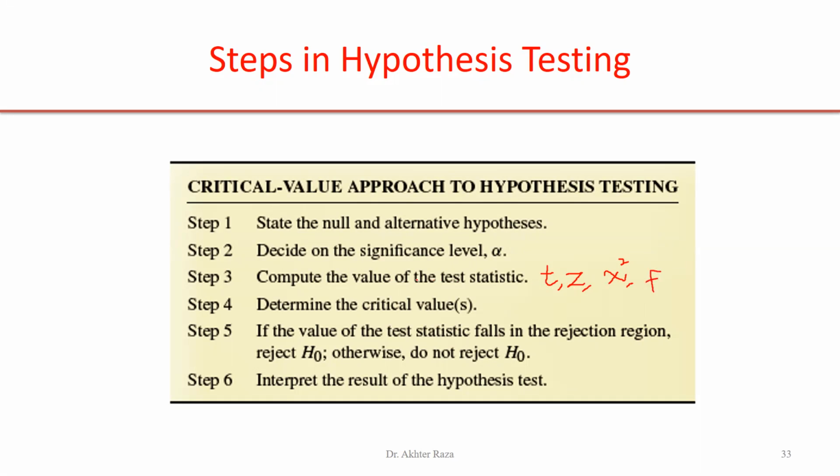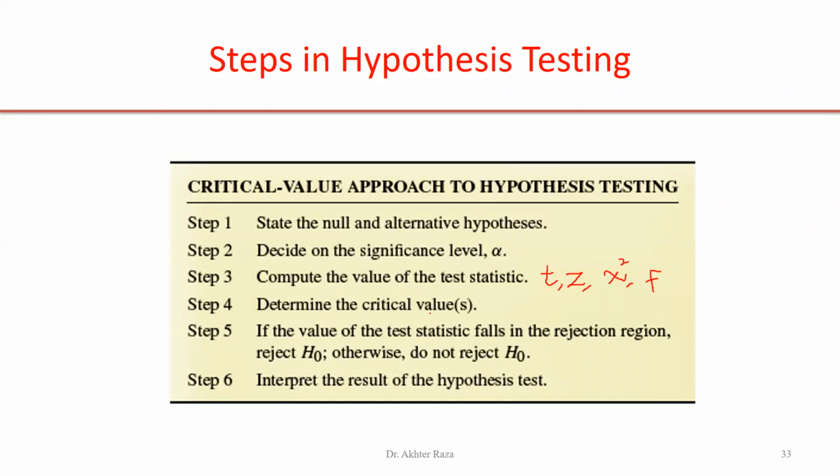So these are the 4 basic tests. In step number 3, depending on the problem, if it is a problem of mean, we can use Z or T test. If it is a problem of one variance, we can use chi-square test. And if we have to compare two variances, we can use f-test. So these are the 4 different tests that we have to learn throughout the course.